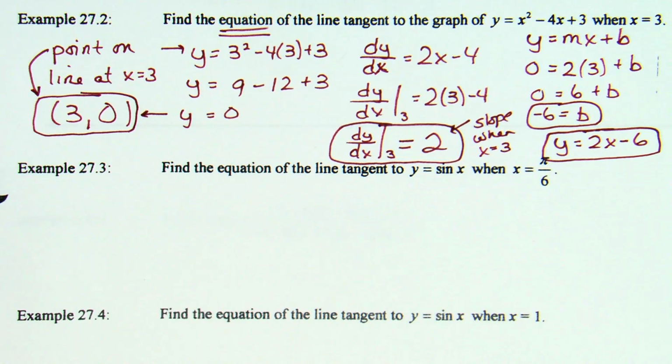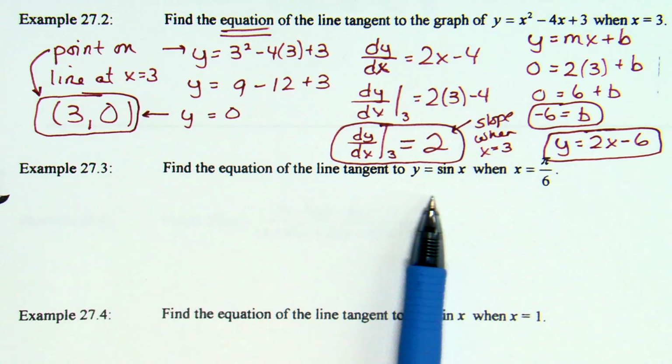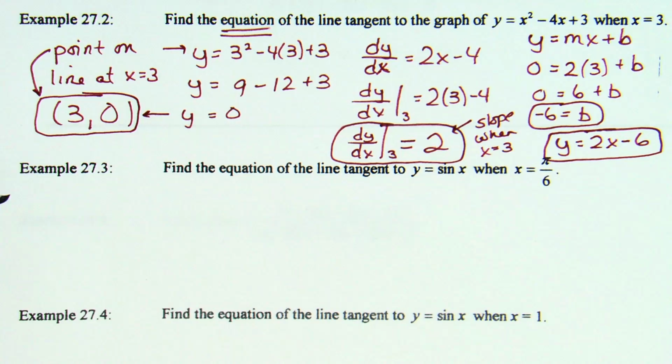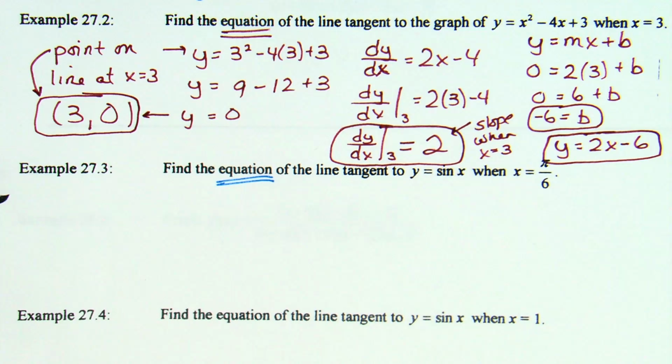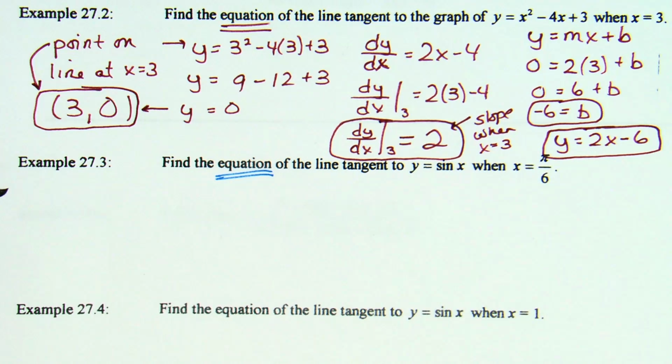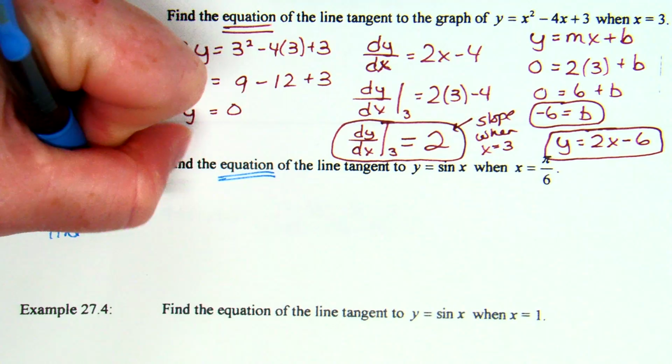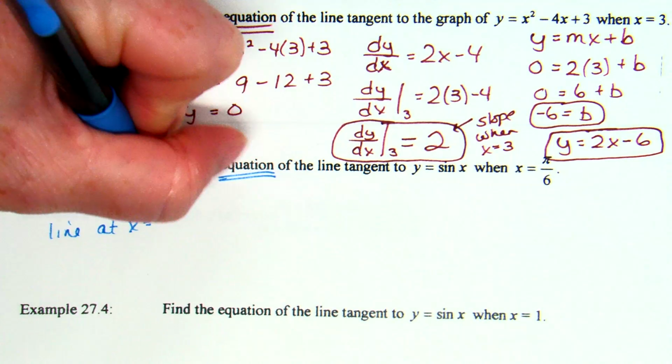Find the equation of the line tangent to y equals sine x when x equals pi over 6. So again, it's an equation, right? What do we need for an equation of a line? 2 things, a point and a slope. So we need to know something about the point on the line when x equals pi over 6.